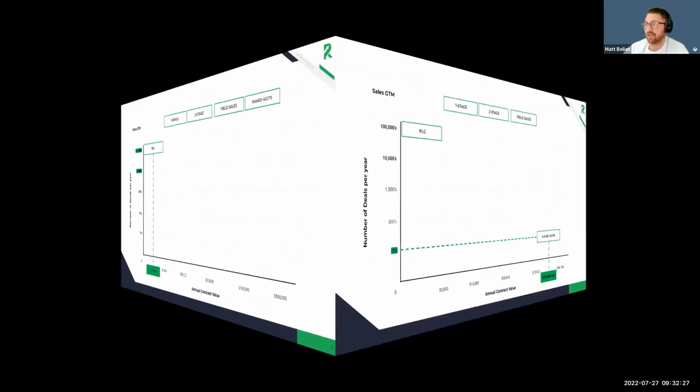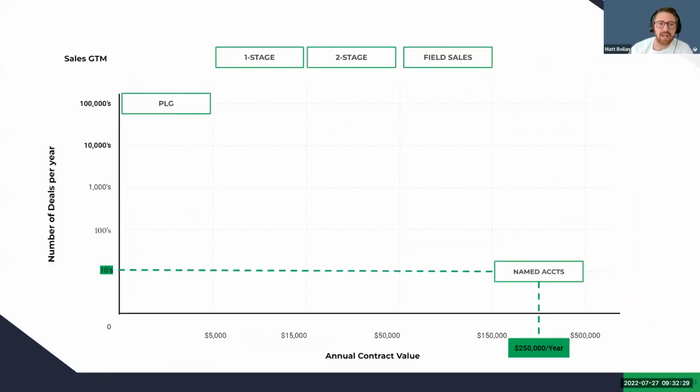And all the way to the other side we have our named accounts. With named accounts, you may have 1 to 5 accounts that you're getting those large projects in. These projects are $250,000 a year or larger. And you're having to close 10 of those, which is $2.5 million. You're bringing in $2.5 million as an AE, instead of having hundreds of thousands of deals you have to close.